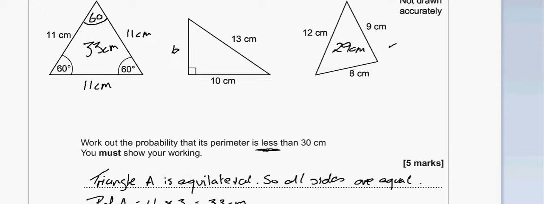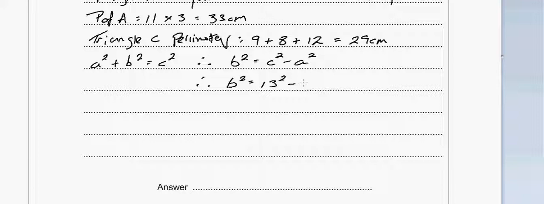I've got a tendency to manipulate the formula before I put in my answers. So then I can write therefore b squared equals 13 squared minus, now the other side is 10, so this would be 10 squared.